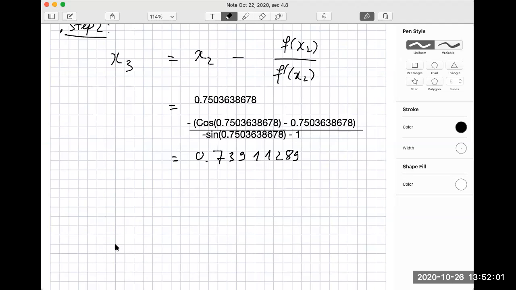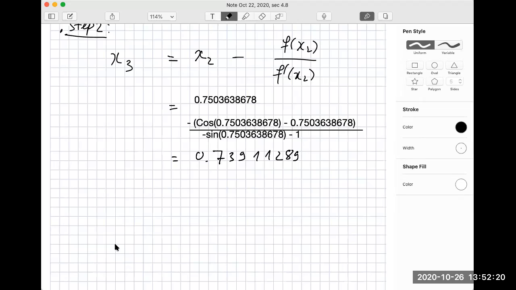Then having x2, we can compute x3, right? Remember, computing it in radian, very important. Then we have x3, very good.